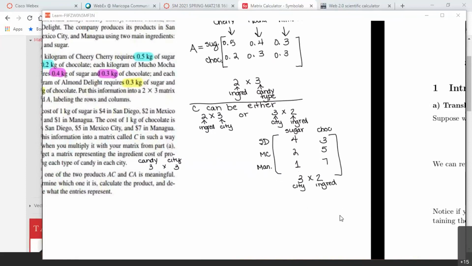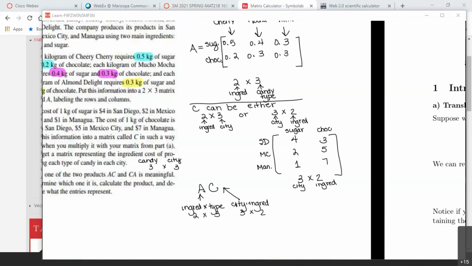So you're looking at this and saying, well, if you multiply it like this, AC, this is going to be ingredient times candy type. This one's going to be city times ingredient. So this is 2 times 3. This is 3 times 2.